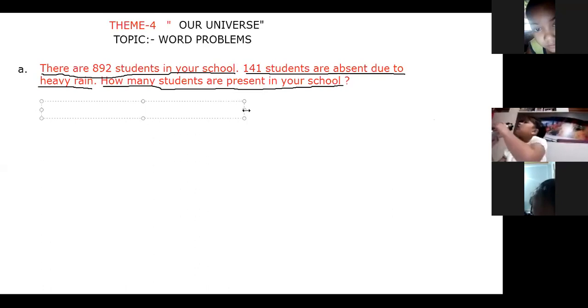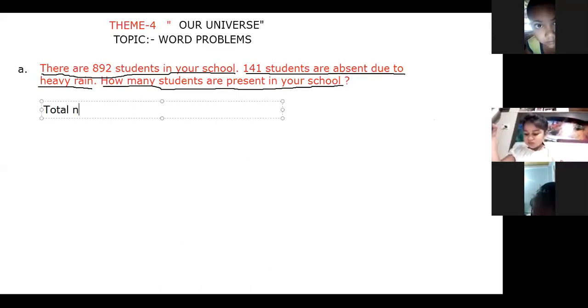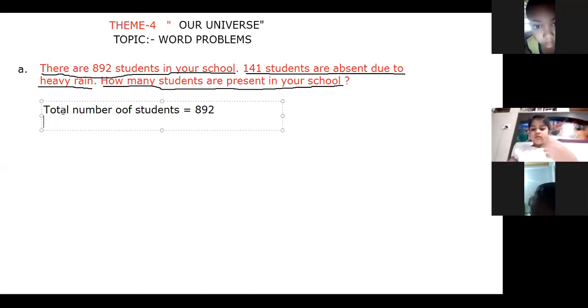So you'll leave one line and you'll start writing the next statement. Total number of students is equal to 892.